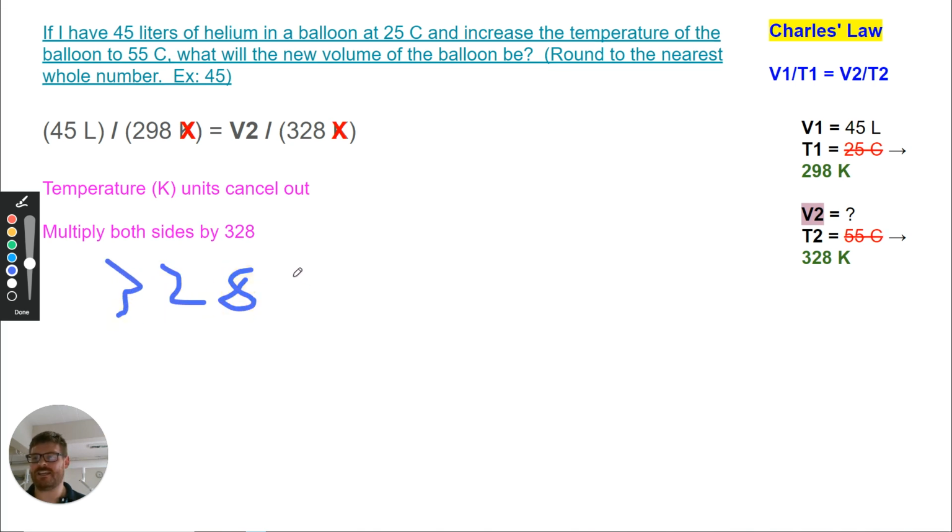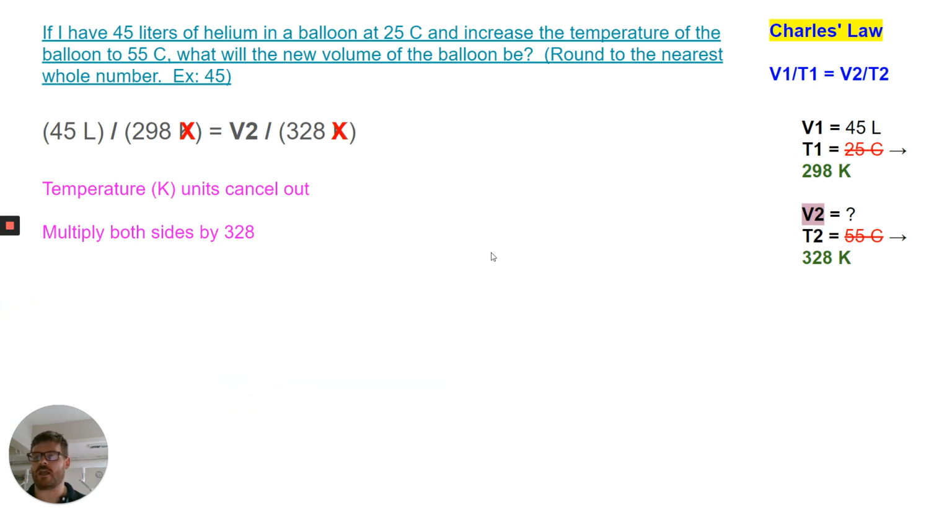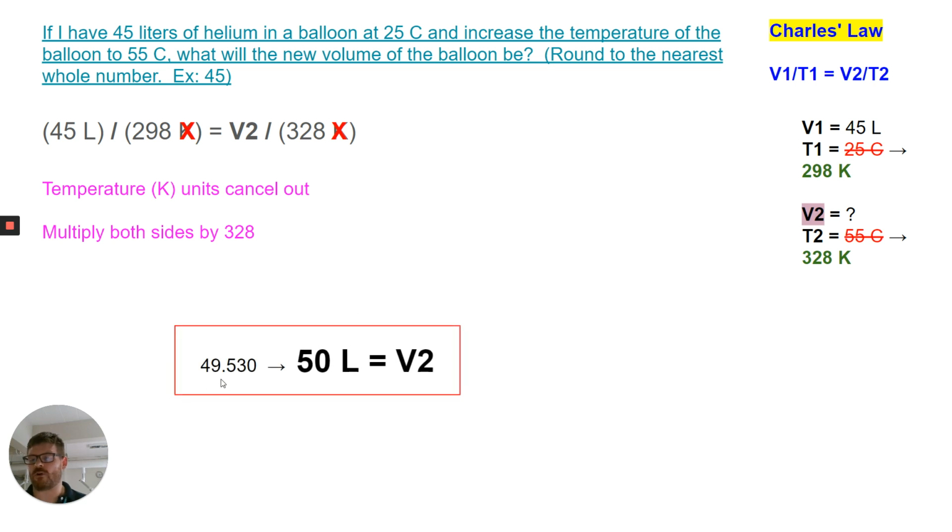That looks hideous. Times 45 divided by 298. That's 50 liters. Okay.